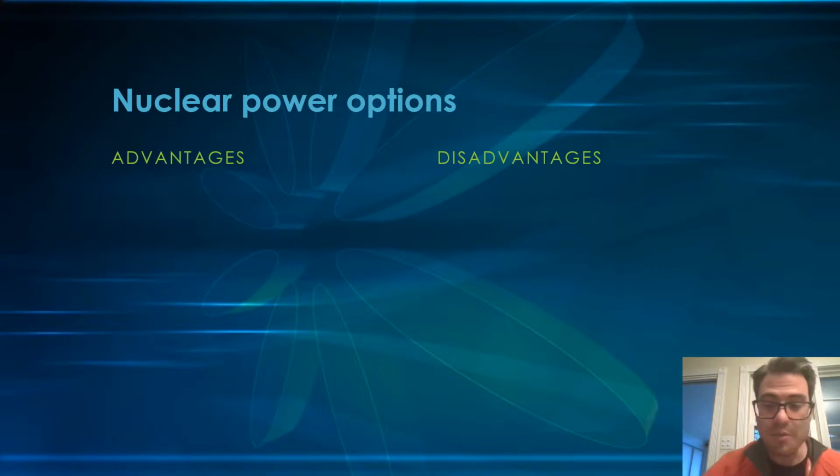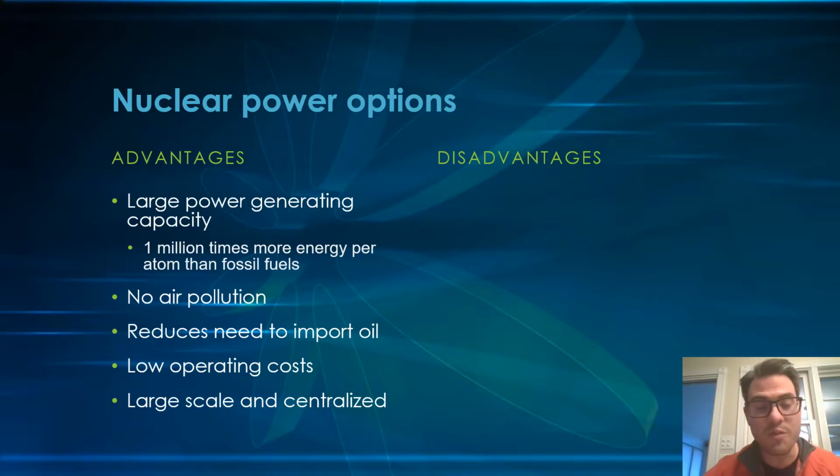Nuclear, like I mentioned before, is a very controversial form of producing energy, and part of its controversy comes from its great potential but also some of the disadvantages. Let's look at that, but first let's focus on the advantages. This has an extraordinary power for producing energy.